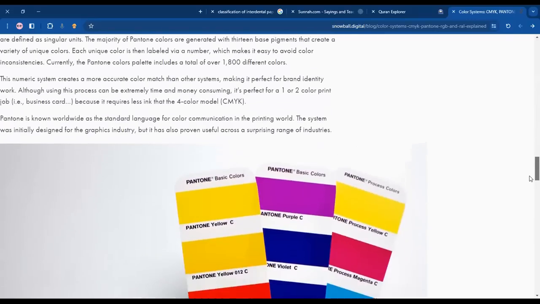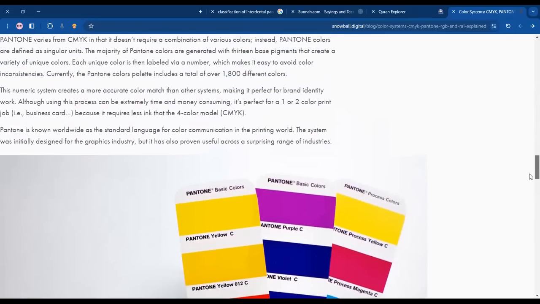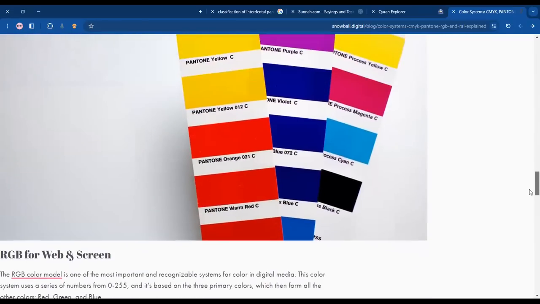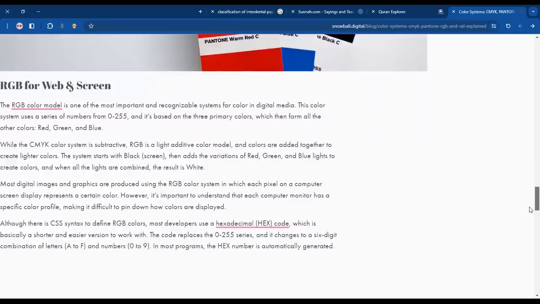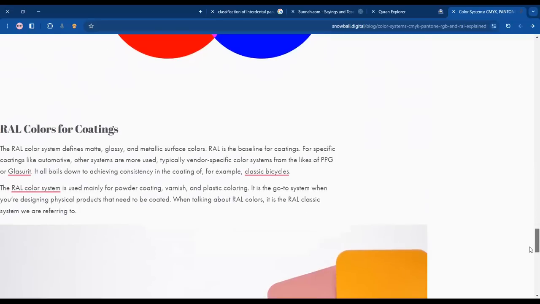The other system is the Pantone, the basic colors. These are the models we also use in printing as well, or in paints, in textiles work. The RGB is for web and screen and capture in cameras.